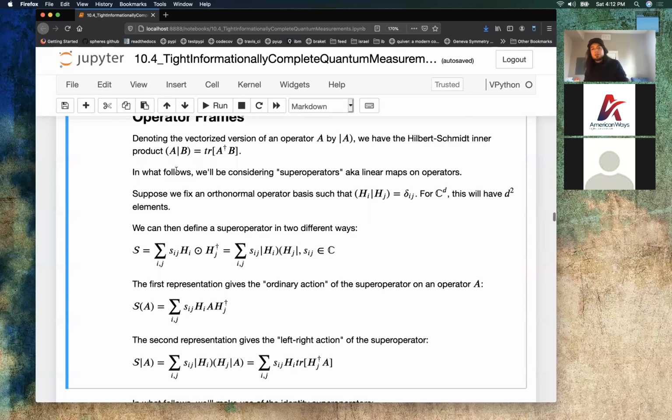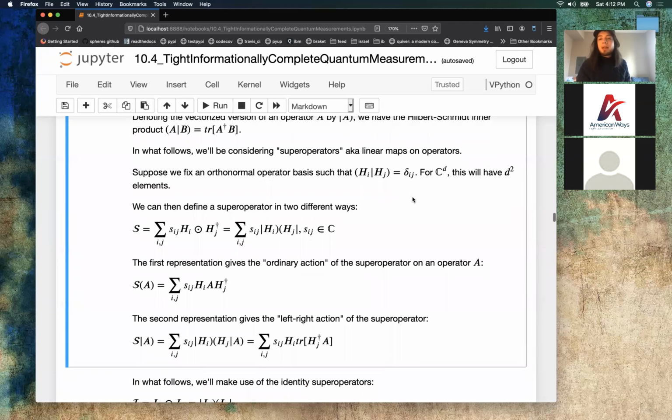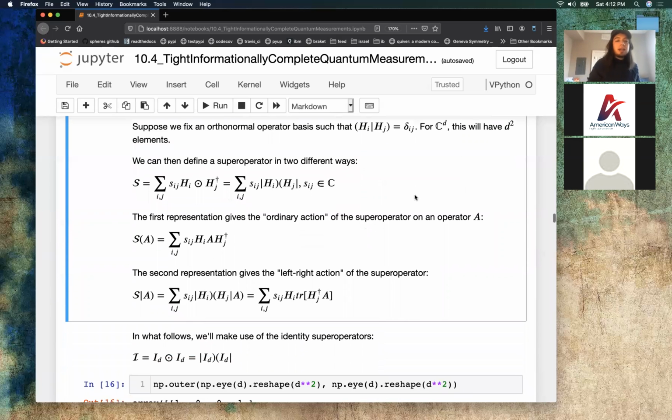So suppose we fix some orthonormal operator basis such that the inner product of any two elements is just given by delta ij. For complex dimension D, this will have D squared elements. And we can define a superoperator in two ways. This first way gives us the ordinary action.